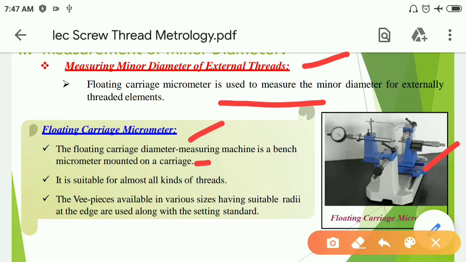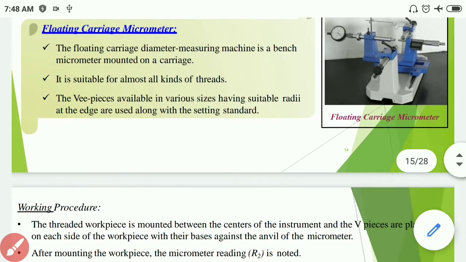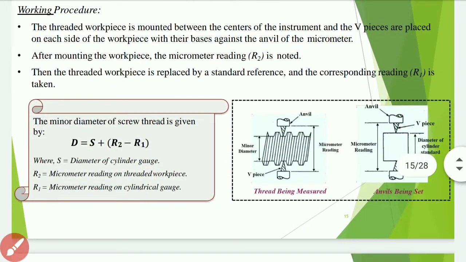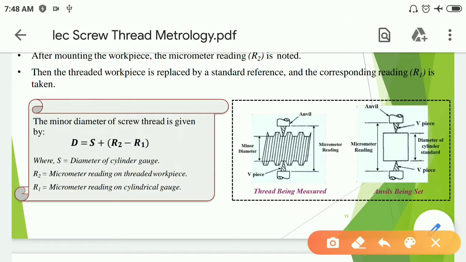The V pieces, available in various sizes and having suitable radii at the edge, are used along with the setting standards. Then the working procedure.